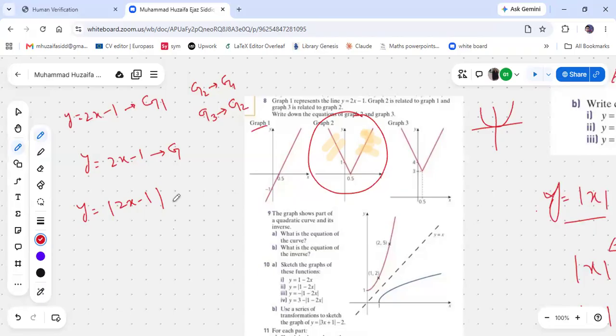Why? The reason is that it's a modulus function, so it's reflecting whatever is on the bottom. If it's going through plus 4 above, it has to be going through minus 4 because it reflected after. It's passing through 4 after the reflection.